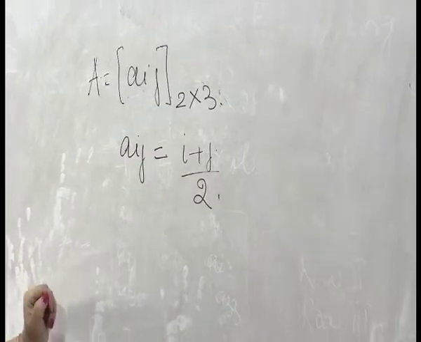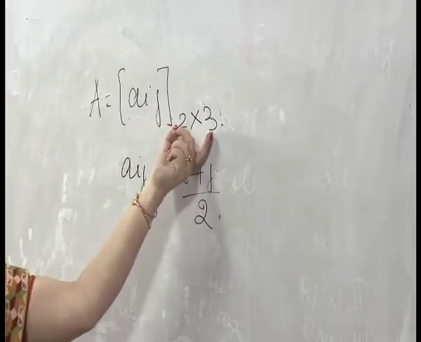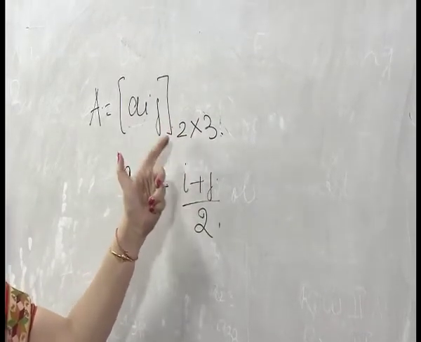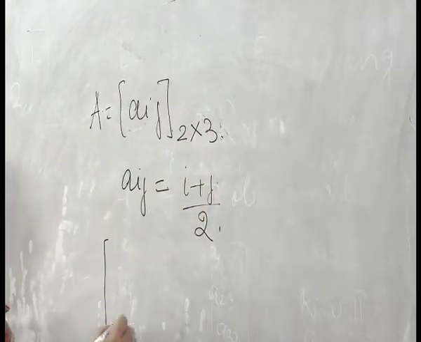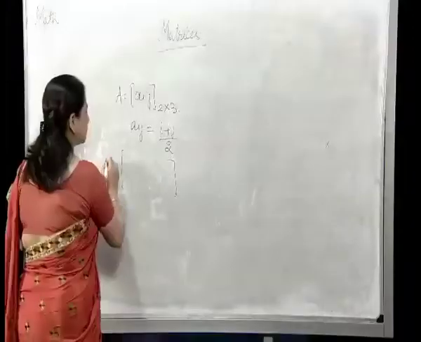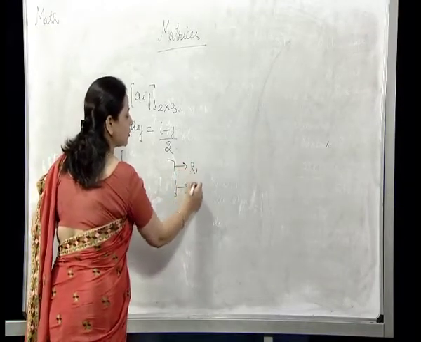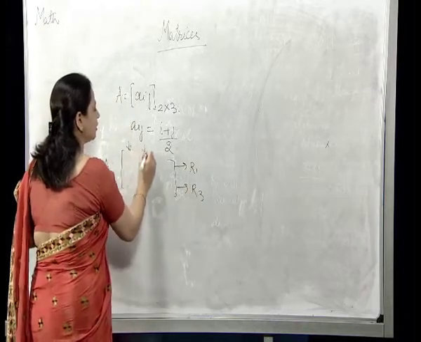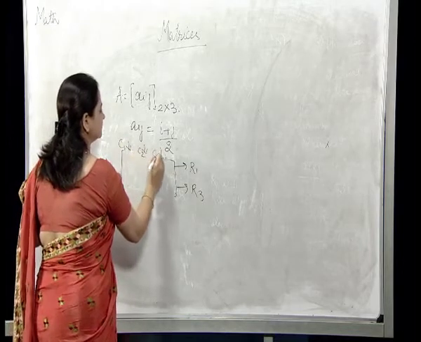The first thing is, you have to construct a matrix of order 2 by 3. What does it mean? It has 2 rows and 3 columns. So I will write it like this: 2 rows, horizontal lines are called rows and vertical lines are columns.